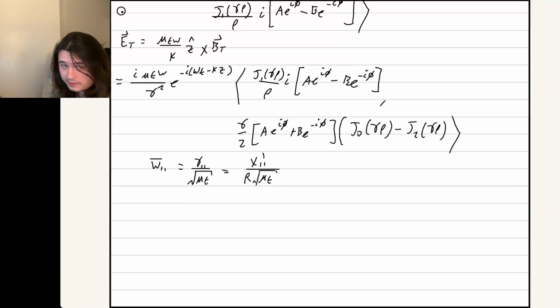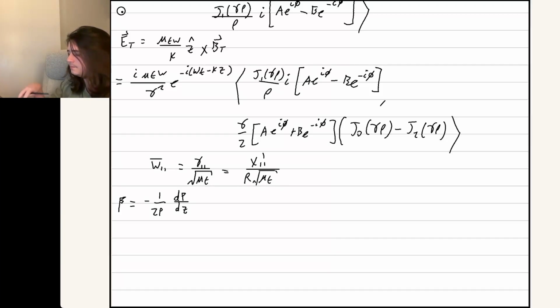Now we need to calculate the attenuation constant, and for that I'm just going to use the TM mode and assume that it's going to be the same for the TE mode, but take that with a grain of salt. Generally, the attenuation constant is 1 over 2 times the power times the derivative of the power with respect to z, which physically is just the loss of the power as you move along the waveguide.